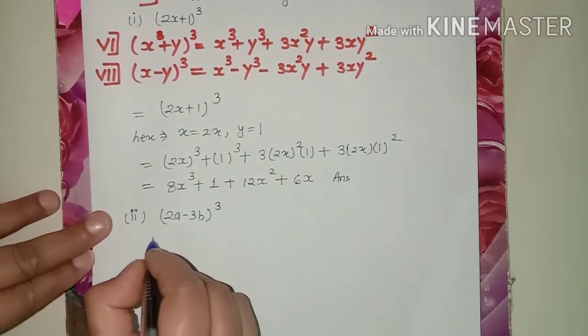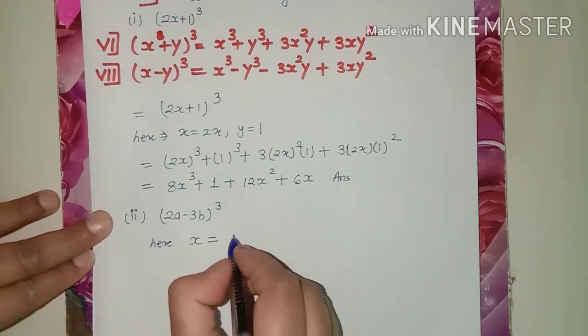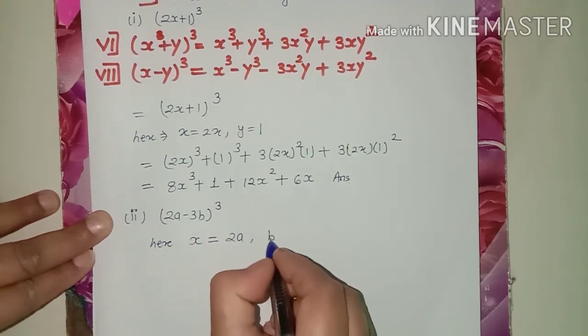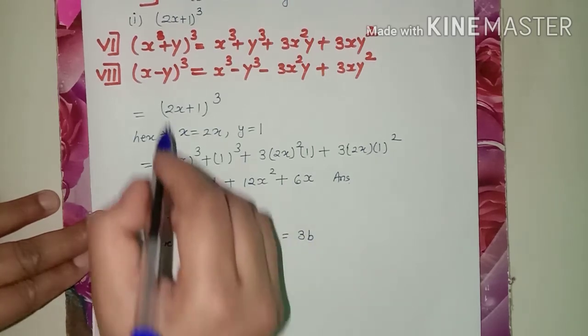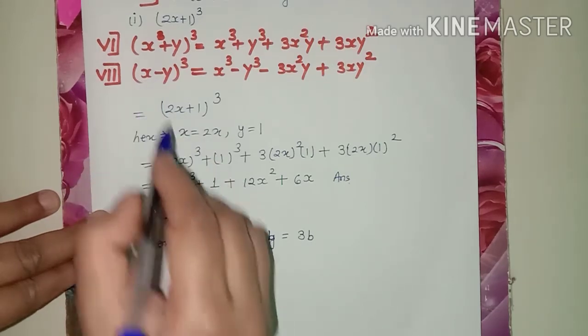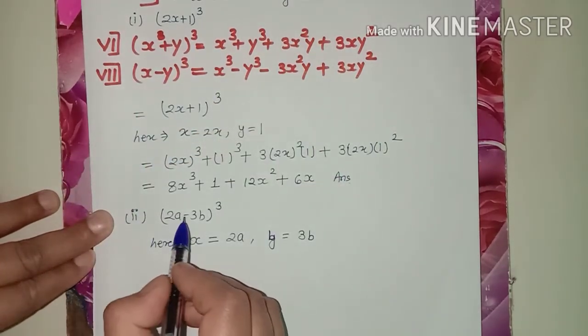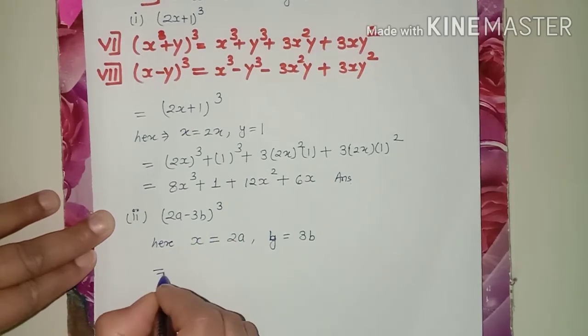So here first we will compare and we will find the value of x is 2a and the value of y is 3b. We will not take here negative sign student because we are applying here negative identity. So we will not take here minus 3b, we will take 3b.